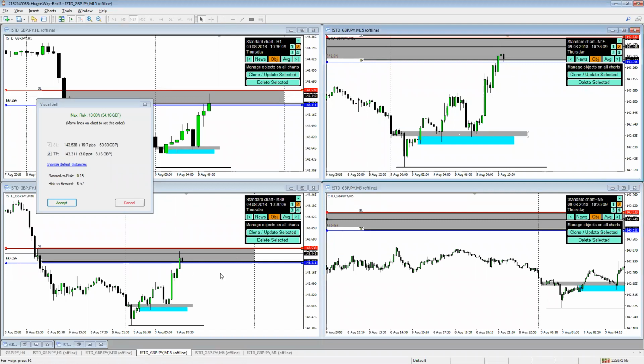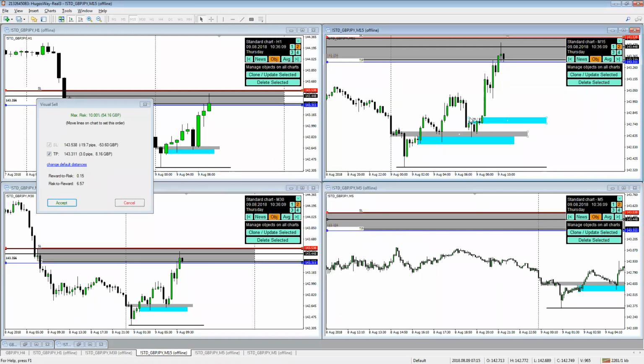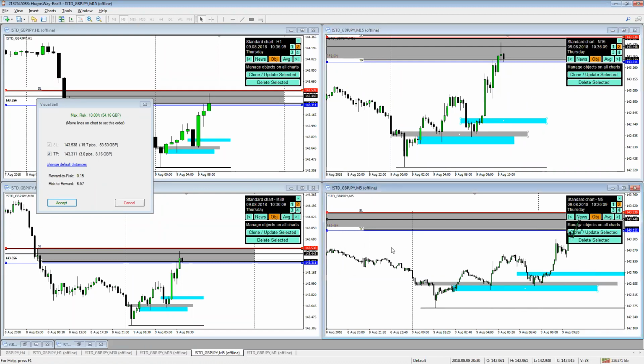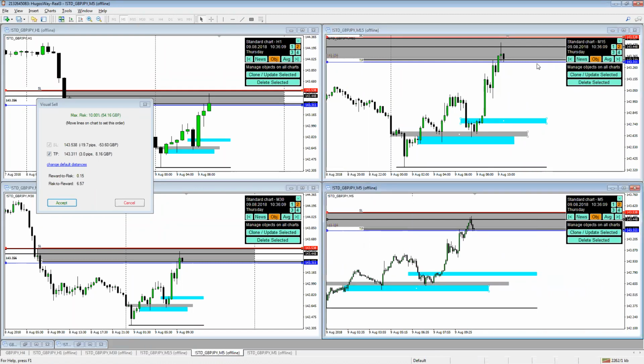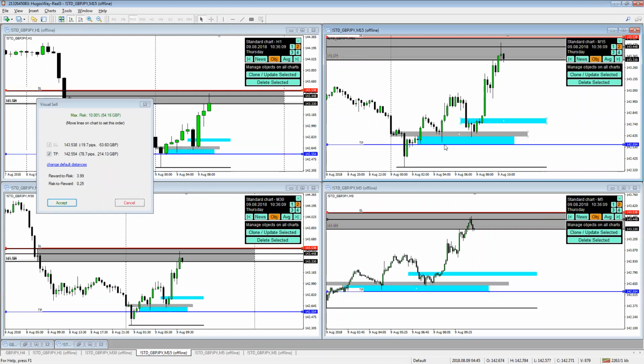Where should we TP? This area looks good. TP1 here and TP2, 22 pip.